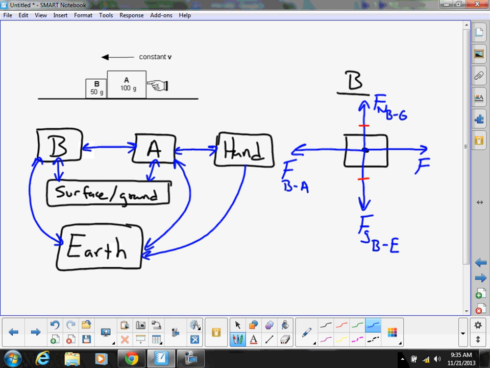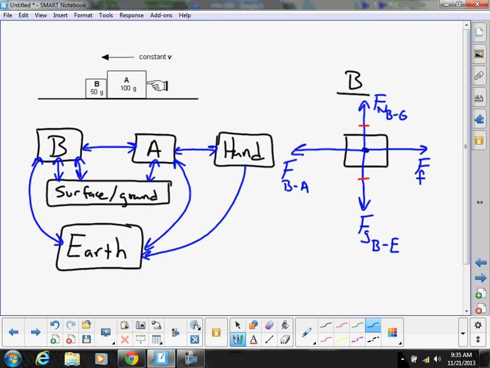Well, as you have probably experienced in your lifetime, if you interact with a surface, let's say you're running or sliding across the surface, there is another interaction that takes place between the surface and the ground, which is called the force of friction.